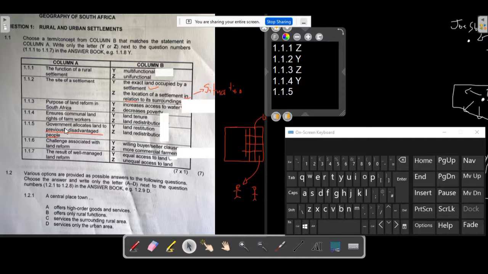I know it can be confusing, guys, land reform, because it has all these terms that are quite similar, and it's quite confusing. It's quite difficult to really understand all these. What's the difference between all these words? So we've already broken down land redistribution.